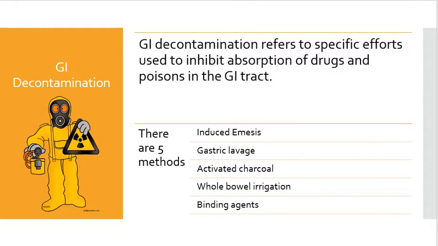Activated charcoal. This is the preferred method of GI decontamination for the management of most toxic ingestions. Charcoal is activated by exposure to high temperatures that dramatically increase its surface area. So this agent has an extensive network of interconnecting pores that are capable of binding and trapping chemicals within minutes of contact, therefore preventing their absorption and toxicity.